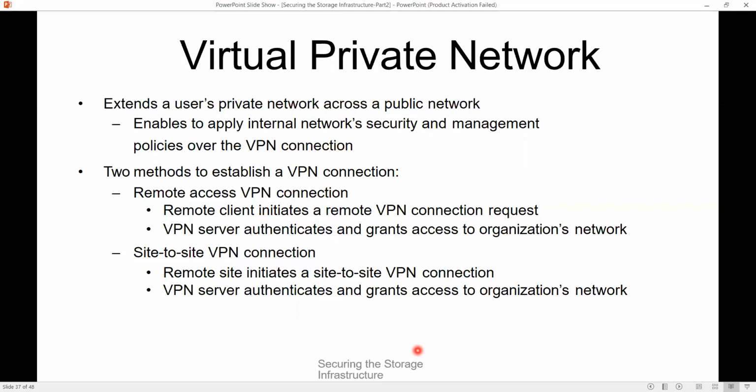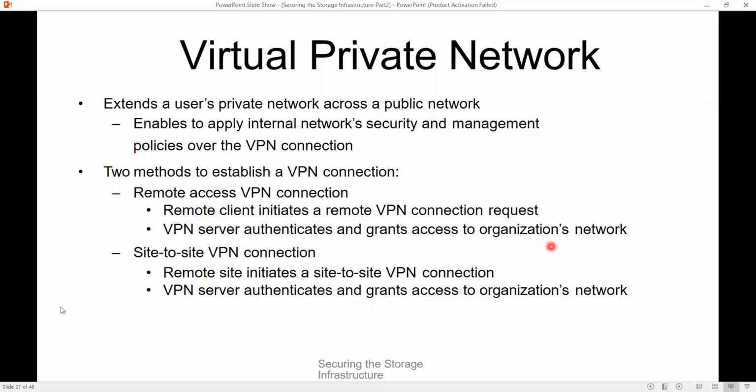So how one can establish a VPN is basically we want to authenticate any person who is trying to access the private network, right? First is the remote access VPN connection. Second is site to site. In the first, any remote client initiates a remote VPN connection request. When that is authenticated by the VPN server, only then will access be granted to the organization's network.